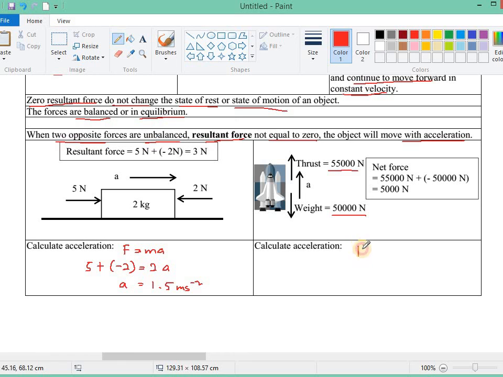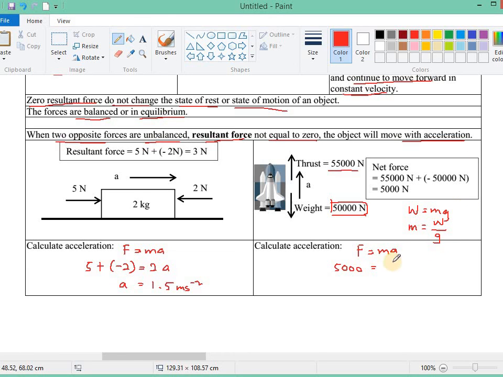So F equals MA. This F here is 5,000. The mass, okay, how do we calculate the mass? From the weight. So weight equals mg. So mass equals weight over gravitational acceleration.